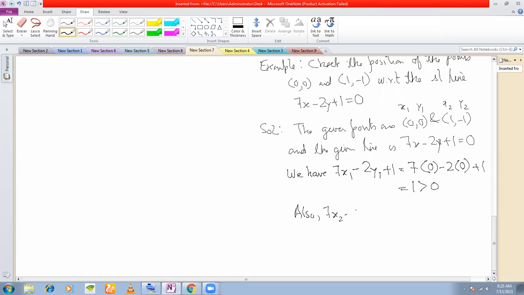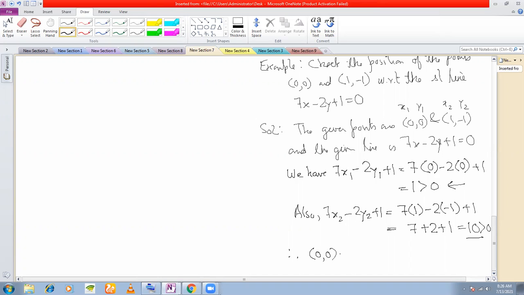Also 7x2 minus 2y2 plus 1 is equal to 7 into 1 minus 2 into minus 1 plus 1. We just want to know the sign. 7 plus 2 plus 1, which is equal to 10, right? Which is also positive. So if you see, this is positive and this is also positive. So therefore, what should we conclude?